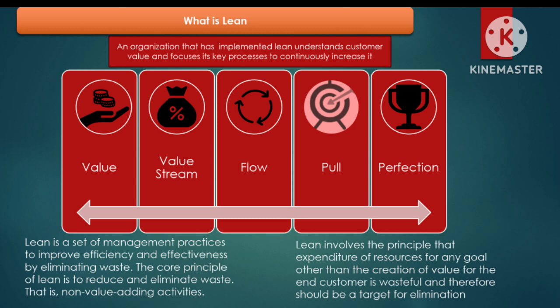Any activities which are non-value add to the business or to the customer, from the customer perspective, that do not create any value for the customer, are a waste. And lean focuses on removing the waste from the processes, from the organization, so that the process becomes more efficient and more effective.